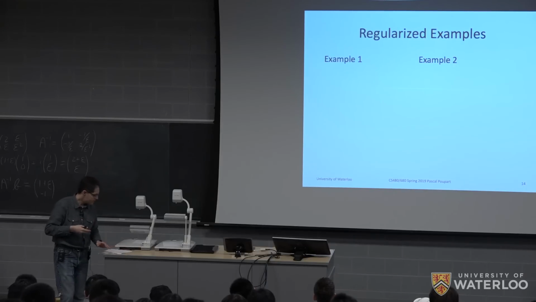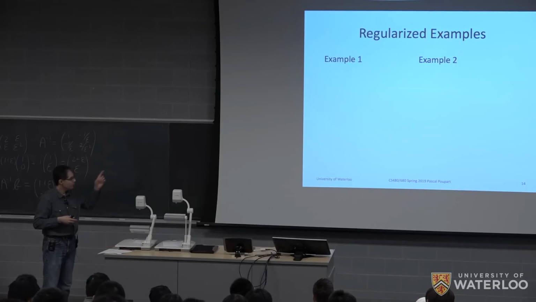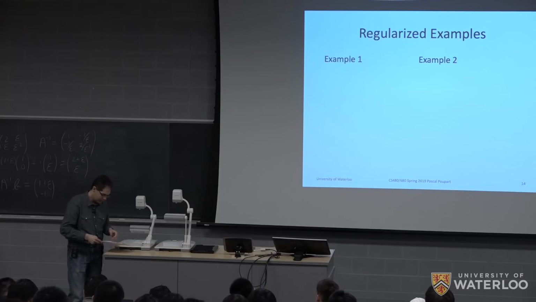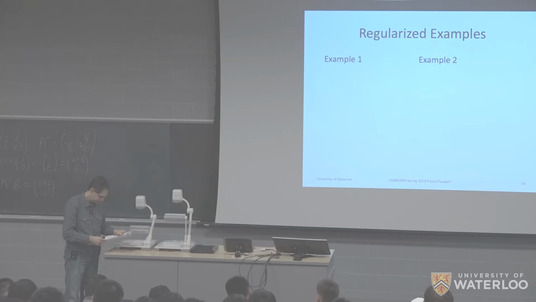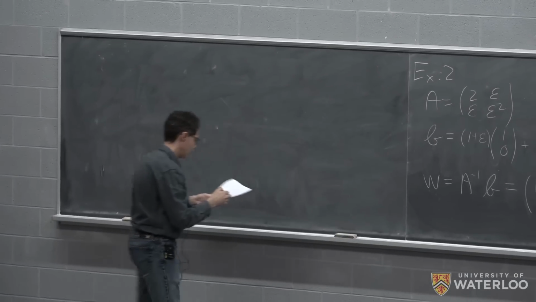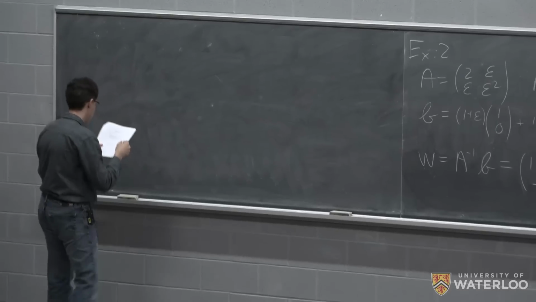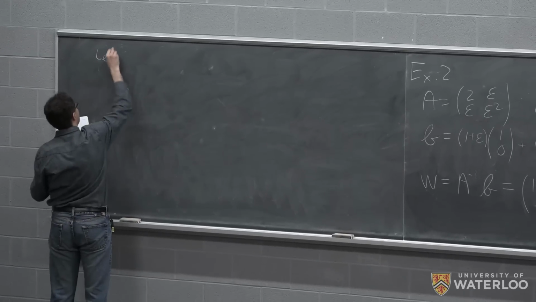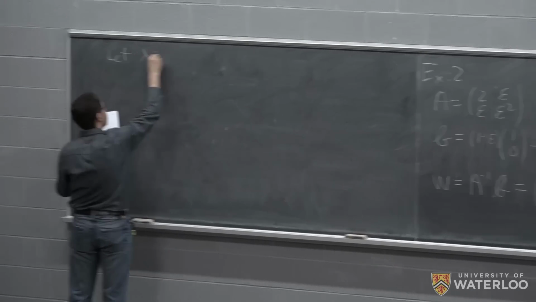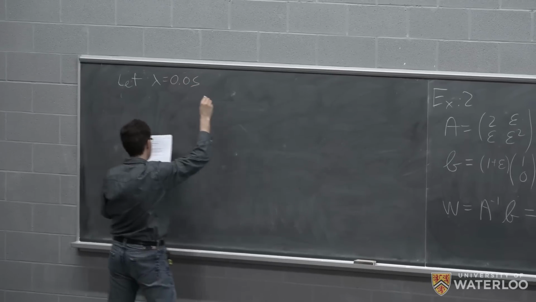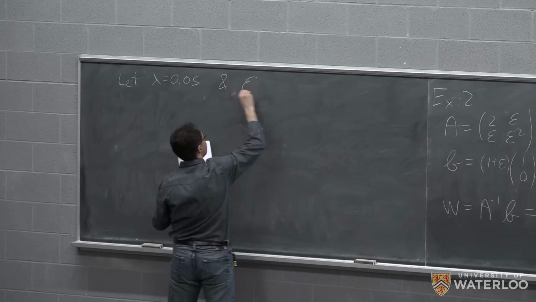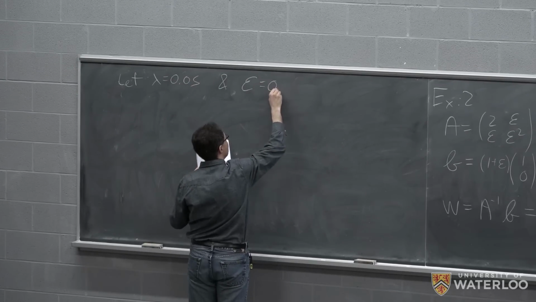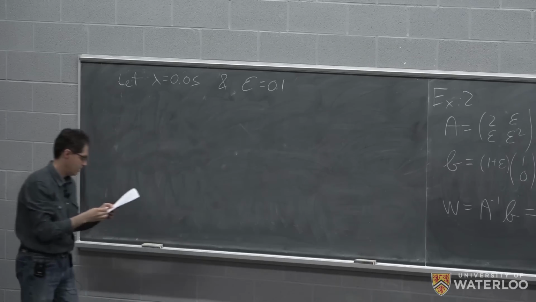Now let's see what happens in practice when we use the regularization idea that I just explained. For this example, I'm going to let lambda be 0.05 and epsilon equal to 0.1.